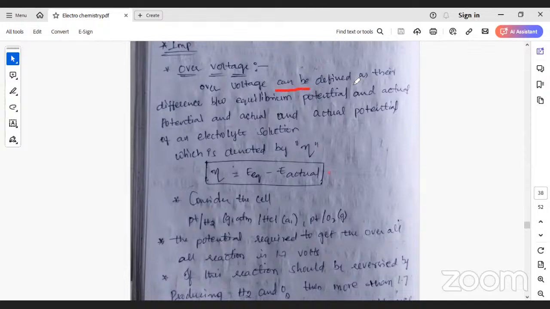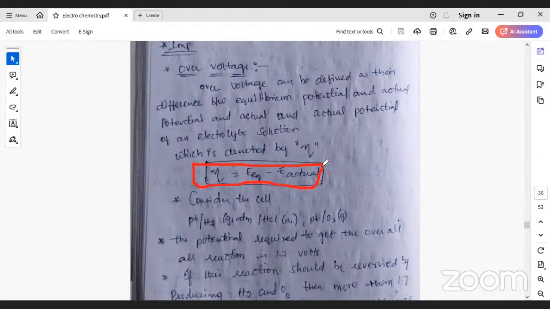Over voltage can be defined as the difference between the equilibrium potential and the actual potential of an electrolyte solution. So equilibrium potential minus actual potential gives the over voltage.